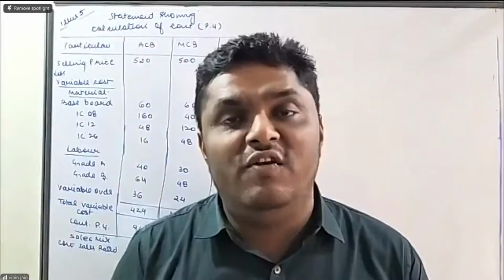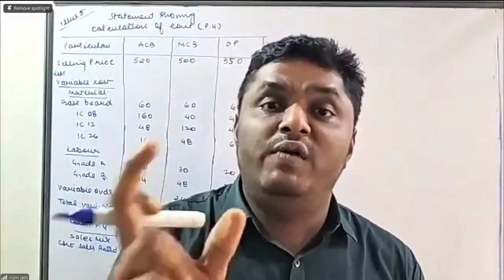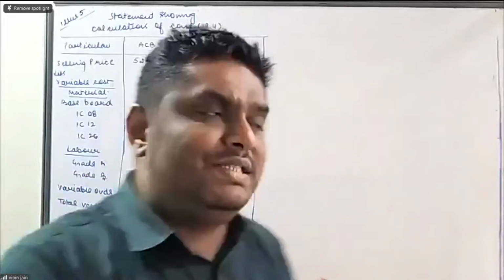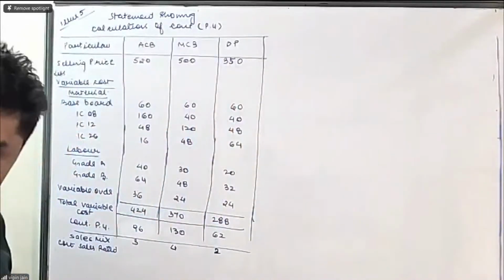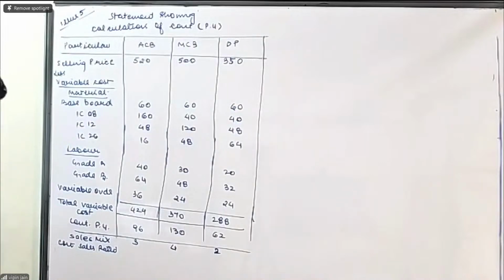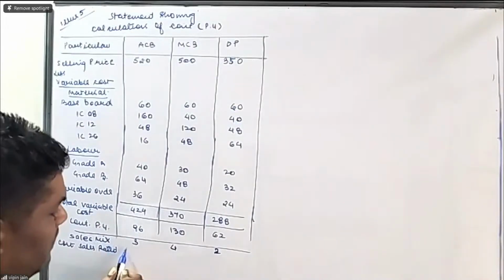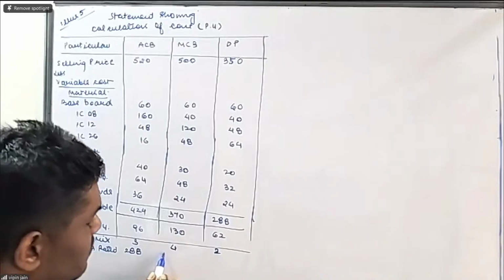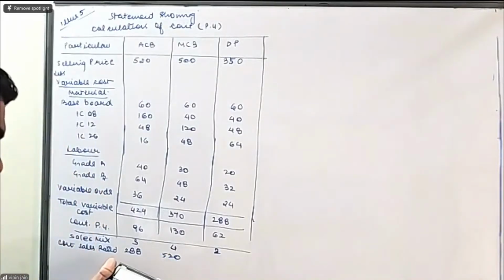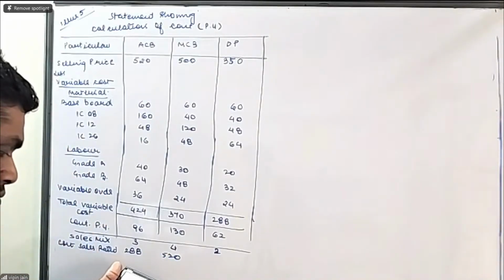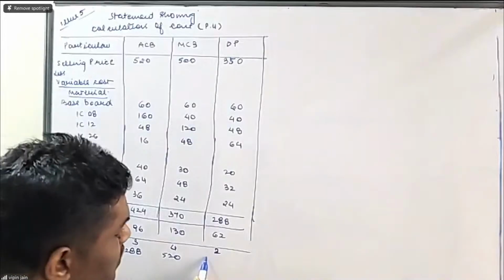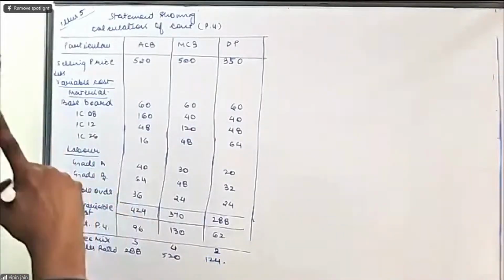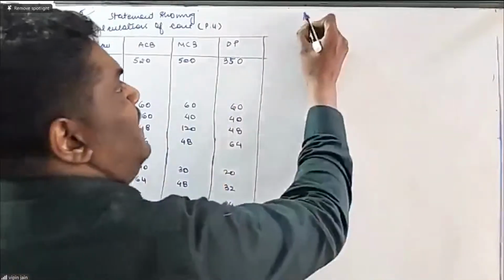In the last session of marginal costing, I discussed one question on sales mix. So the concept is just like that only. So 96 into 3, this will be 288. This will be 520. This will be 124.